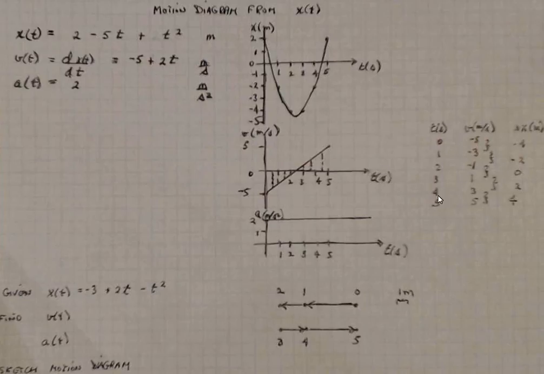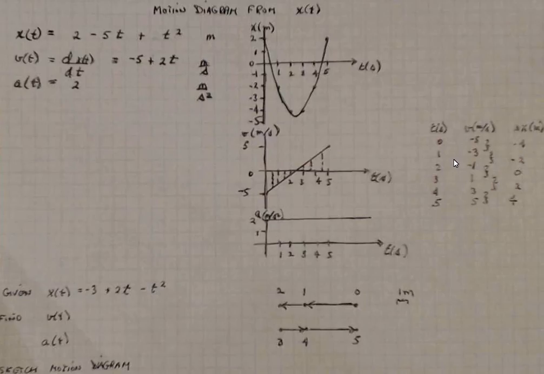Over here, I've organized the data in terms of tables. The first column is time in seconds from 0 through 5, and then I've used the velocity directly from this equation, but I've put the numbers in the table here, and I've used the instantaneous velocity to calculate the average velocity.